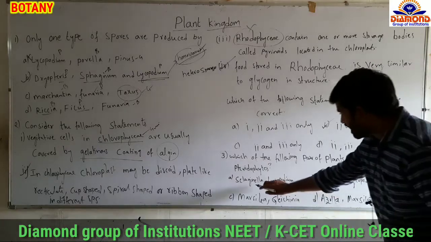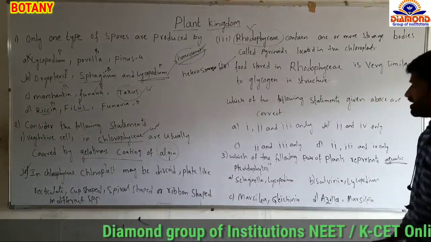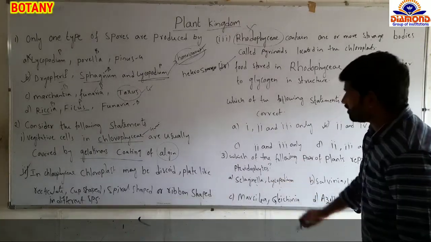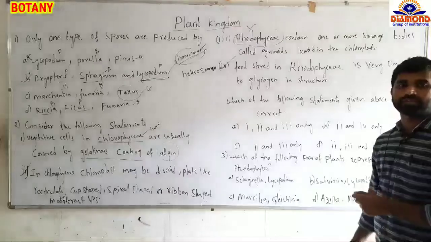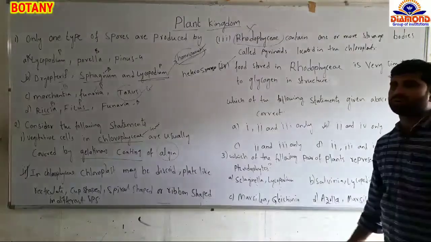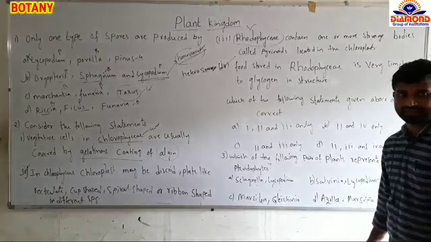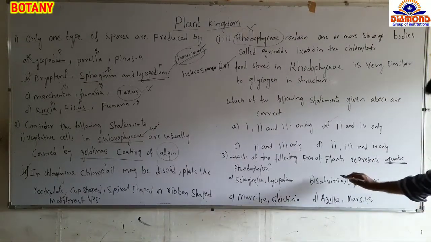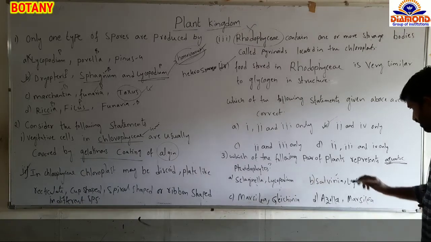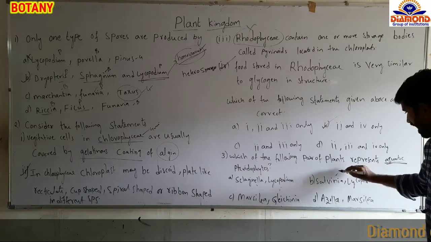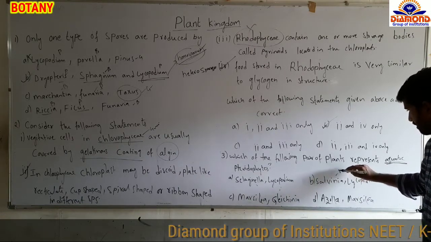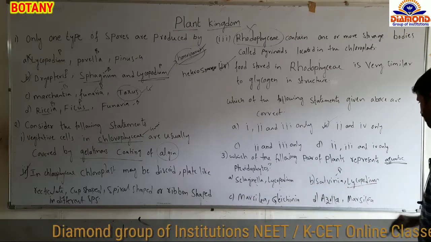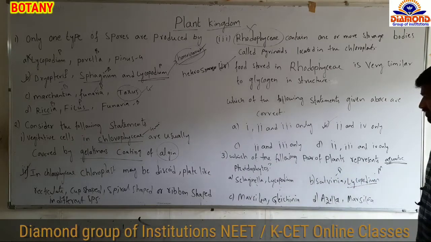Option A, Selaginella and Lycopodium. Selaginella and Lycopodium are both mesophytic plants only. They are present in soil, on rocks, or on other trees. Option B, Salvinia and Lycopodium. Salvinia is an aquatic plant and Lycopodium is a mesophyte.